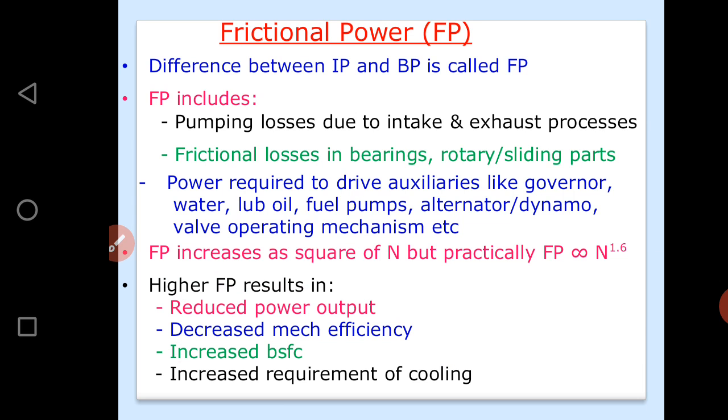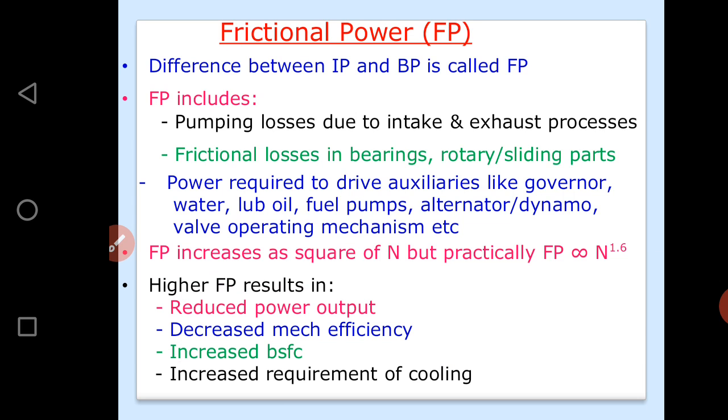In that stroke, the pressure acts on the piston, and with the help of that pressure, power gets produced. Whatever power is produced at that moment, we call the indicated power, and that power gets transmitted to the crankshaft.